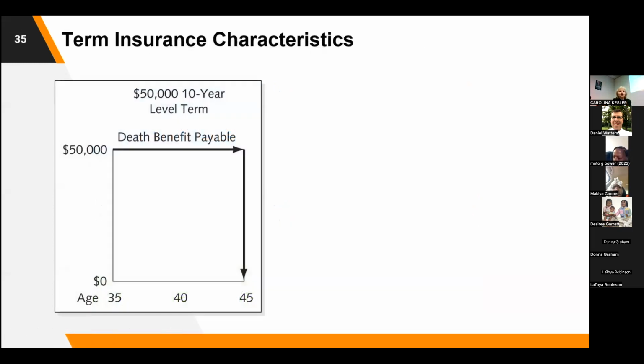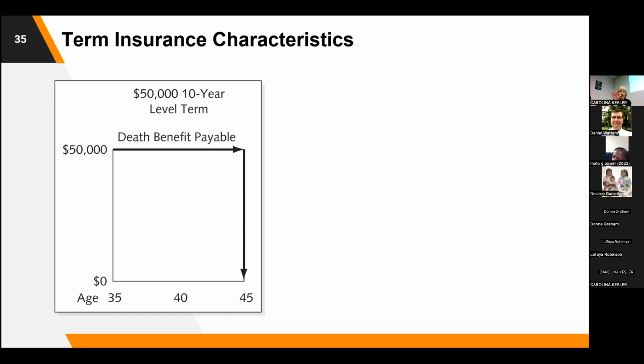Let's look at term insurance. Term insurance is plain, pure protection, no cash value, right? It's the most coverage for the least money. The premium usually stays level. The face amount can change, depending on what kind you buy. If you buy level term, it stays the same.